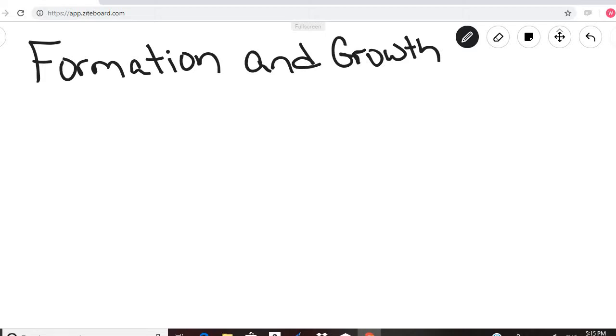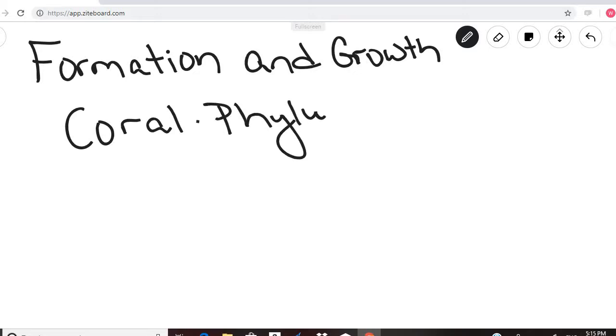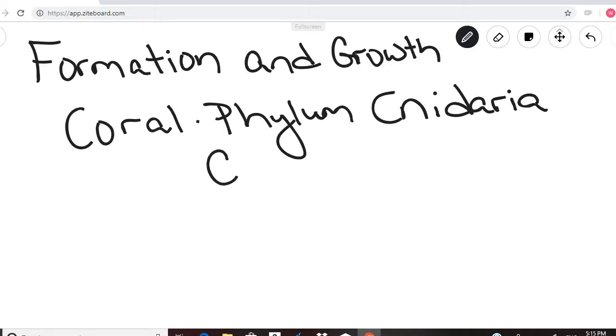So coral is part of phylum Cnidaria. So it's in the same phylum as jellyfish. And it is part of class Anthozoa.